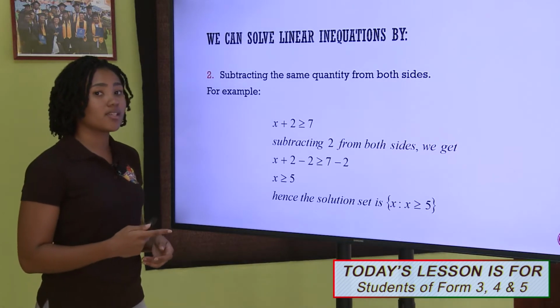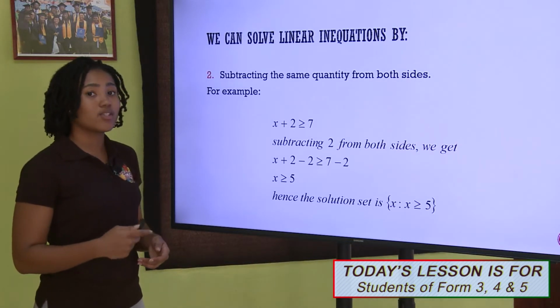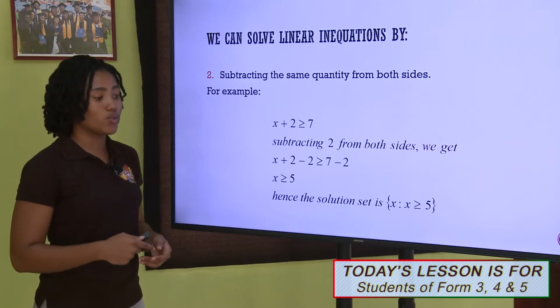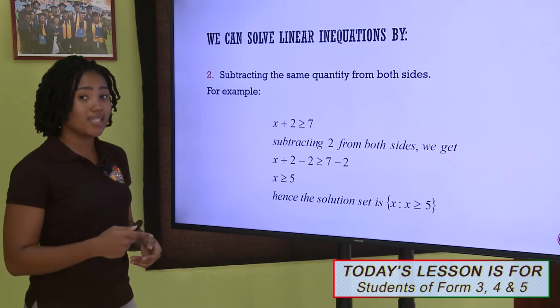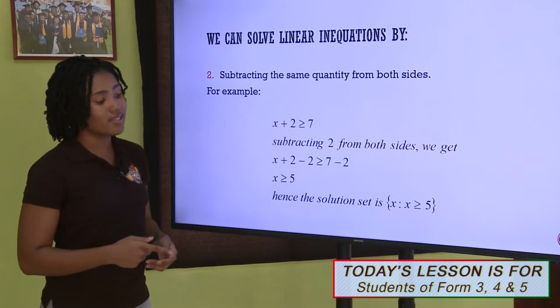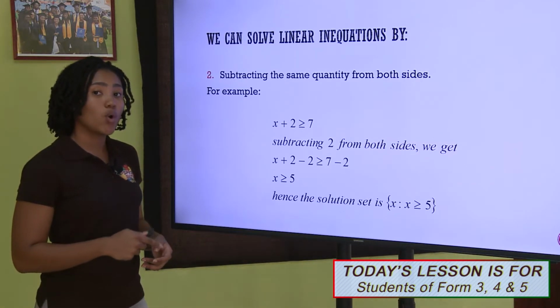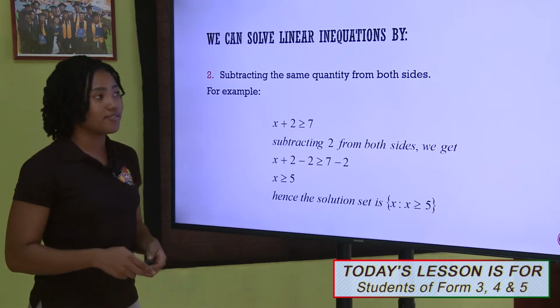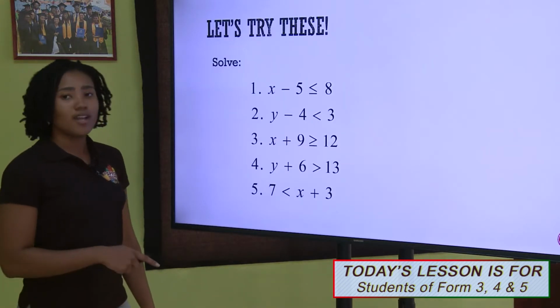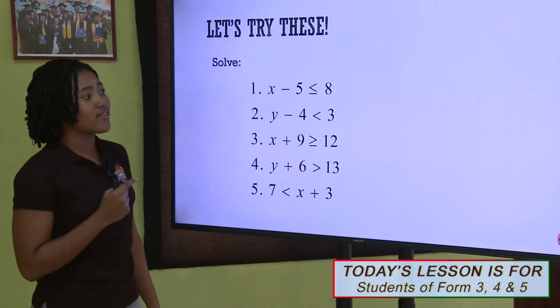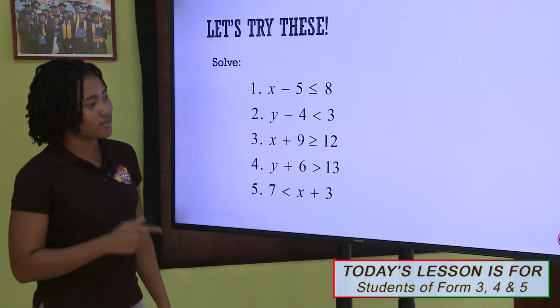When we simplify this, we get x is greater than or equal to 5. Hence, the solution set is x is such that x is greater than or equal to 5. Now, we're going to head to the board and try these few questions.